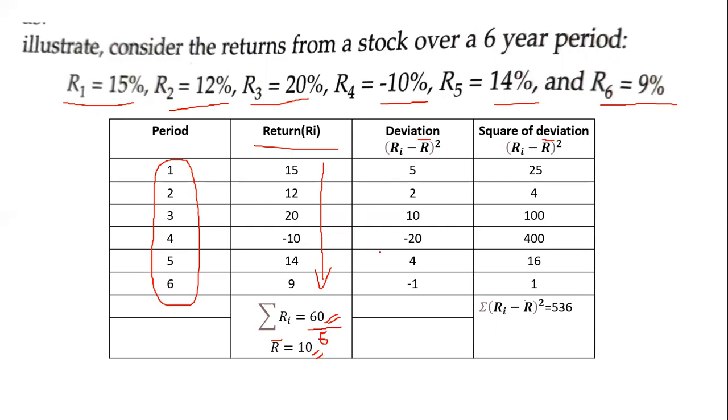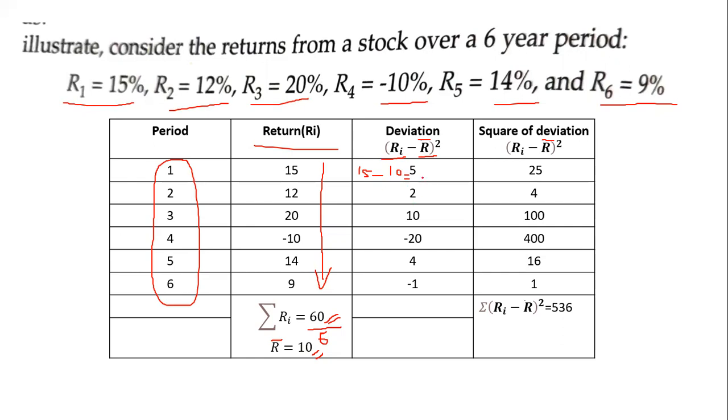Now we have to calculate the deviation. Here we calculate Ri minus R bar, that is the average return for 6 years. So here Ri is 15 minus 10, so we will get 5 as the deviation.